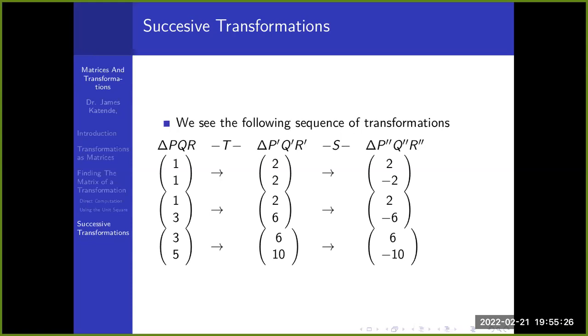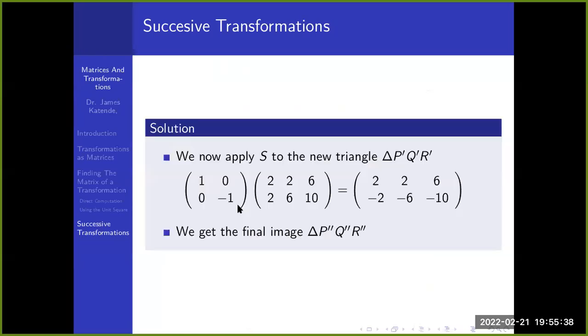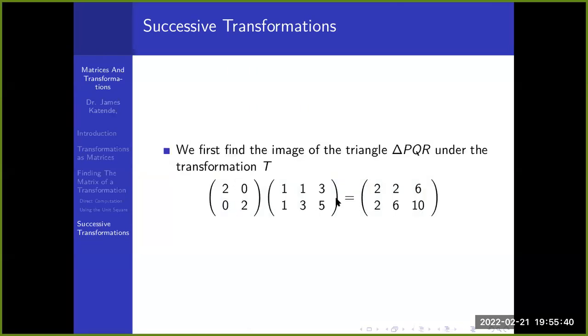You can choose any order. The order you choose is up to you, but once you fix the order, if you choose to start with T, you will multiply with the matrix that represents T first to get the intermediate image, and then if your second transformation is S, you multiply the intermediate image with the matrix that represents S. There's no reason why you must start with one, but you have to fix the order.